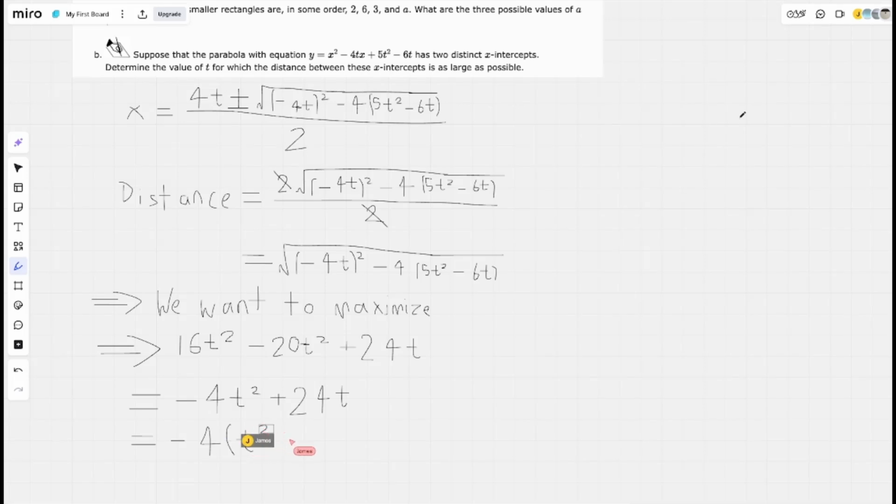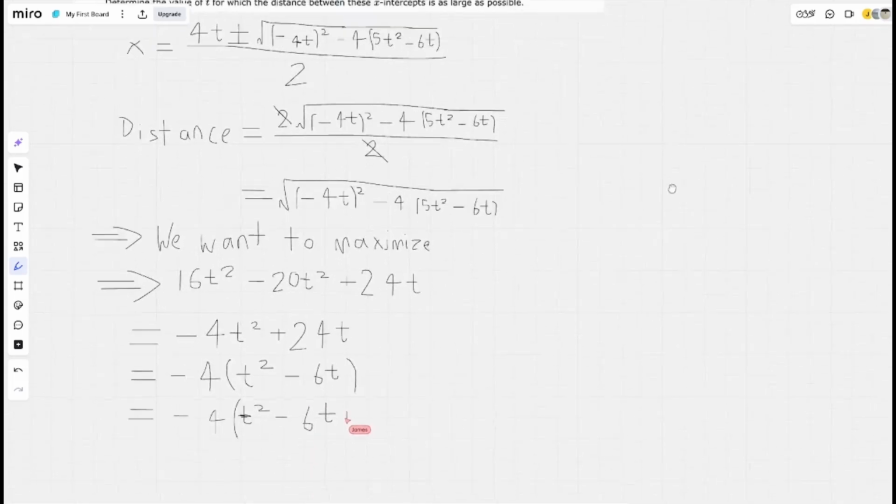So you complete the square here, t squared minus 6t, and you get negative 4 times t squared minus 6t plus 9, because that would give you t minus 3 squared.